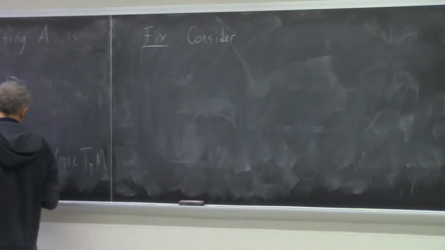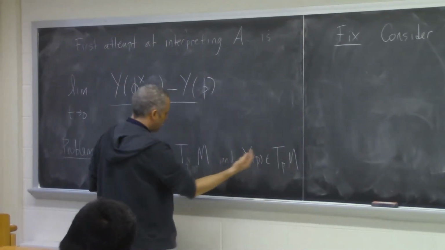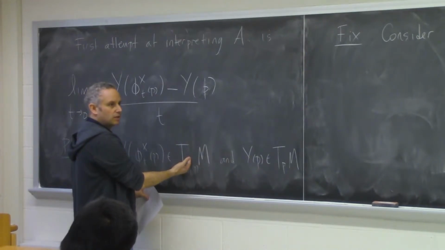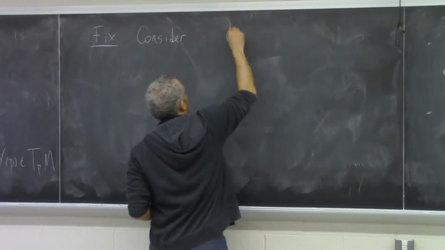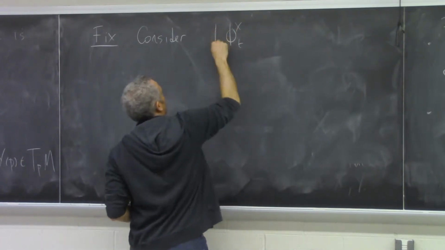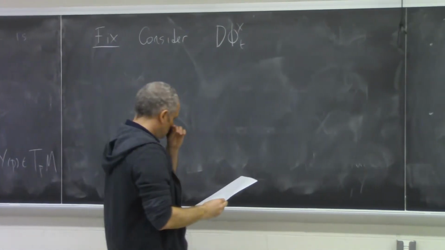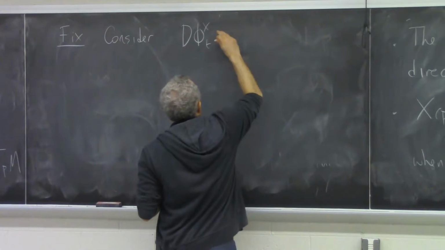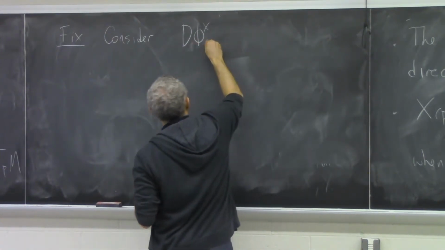So how can we go from one of these vector spaces to the other? Well, we know how to go from this vector space to this vector space, right? We just take phi x t and we apply its derivative. So this is a map, the derivative at p. I'm going to drop the p's because I have too many symbols.